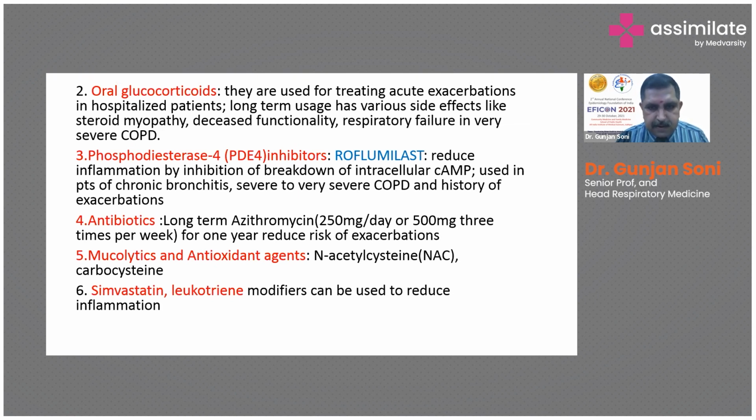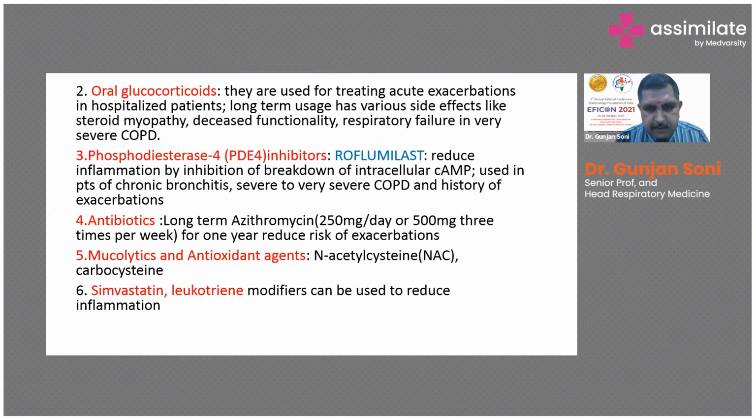Phosphodiesterase inhibitors such as roflumilast reduce the inflammation by inhibition of breakdown of intracellular cAMP, used in the patient of chronic bronchitis, severe to very severe COPD, and the history of exacerbation.